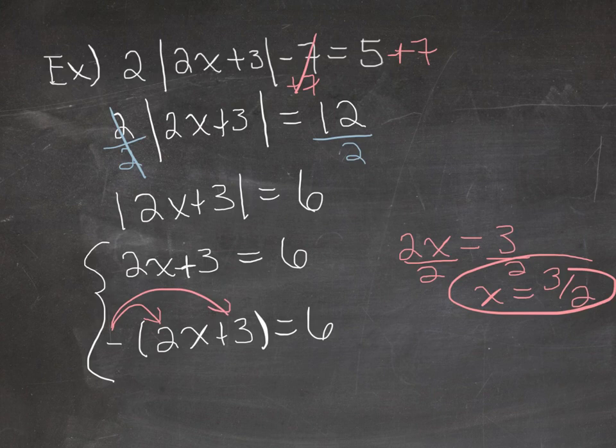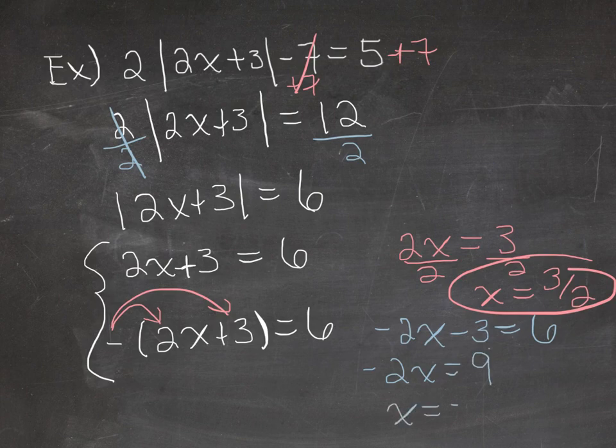So I have negative 2x minus 3 equals 6. And then I solve the same way as I did above. I'm going to add 3 to both sides. So I have negative 2x equals 9. And then I divide both sides by negative 2. So I get x is equal to negative 9 halves.